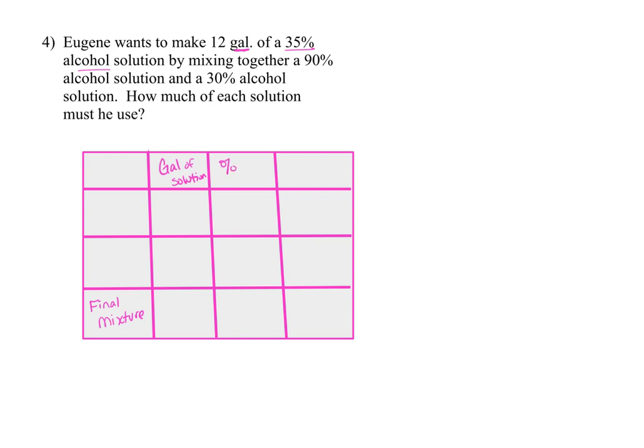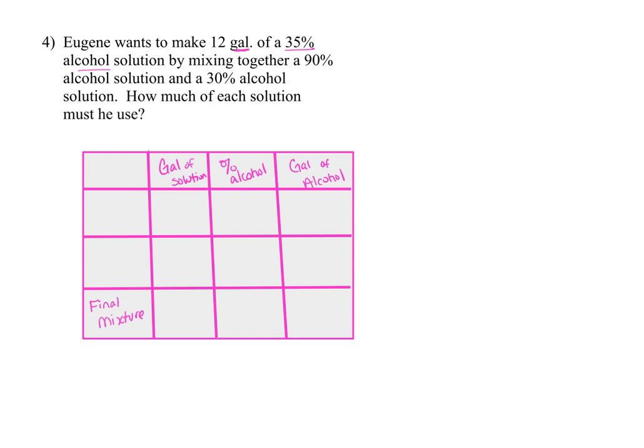This second column is going to be percent of alcohol. The third column always combines those two. This third column is going to be gallons of alcohol. So that's how you're going to figure out how to title these. What units is it measuring your solution in? Percent of what? And then units of that, whatever we had a percent of.